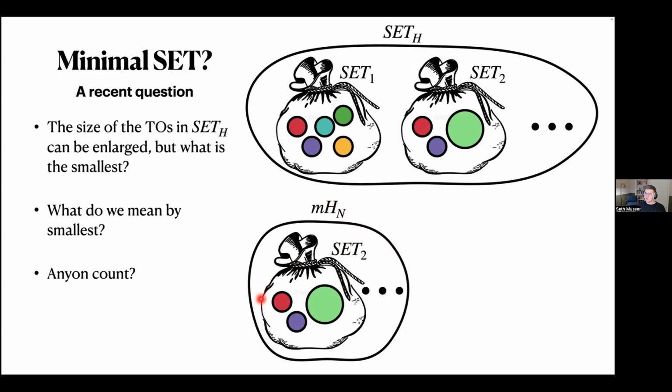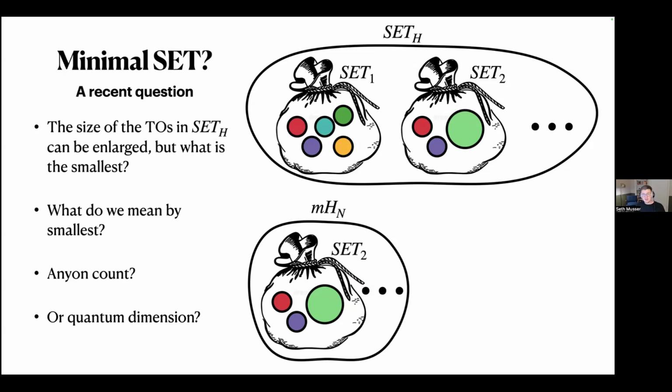If we think about this class of the smallest possible orders according to this classification, we'll have to exclude SET1 because this has 5 anyons, which is larger than the number of anyons in SET2. So you can see that minimal according to anyon count will tend to prefer non-abelian theories with a smaller number of anyons, but maybe higher quantum dimension.